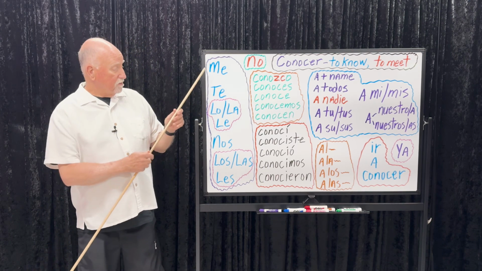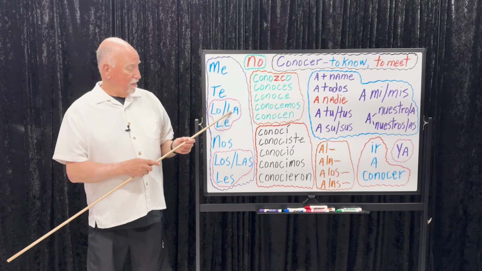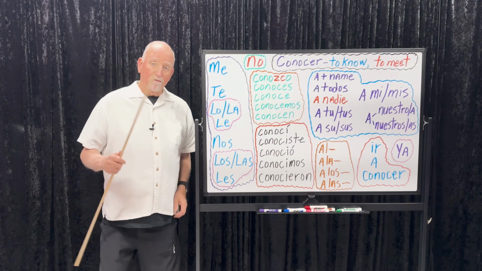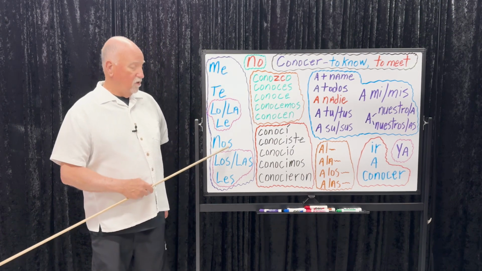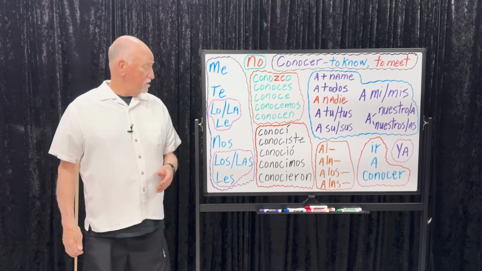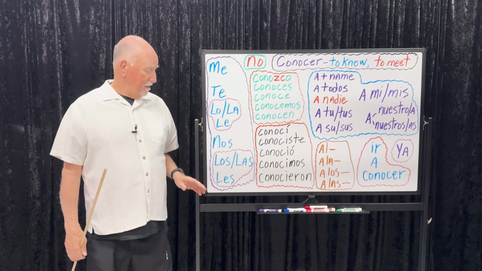Okay, now we have some pronouns in front here. We have me, te, lo, la, le, nos, los, las, and les. We've already seen me, te, and nos a whole lot. We were doing some reflexive pronouns like me llamo, te llamas, but then here we had se for like se llama, and so on.